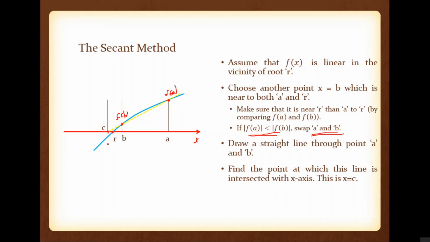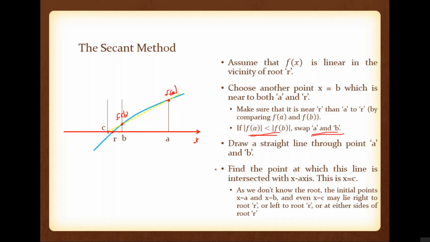I told you C is not equal to r. C will be equal to r if and only if the given function is a linear function. If the given function is linear, then definitely C will be equal to r. Otherwise, C will not be equal to r. So please note that.